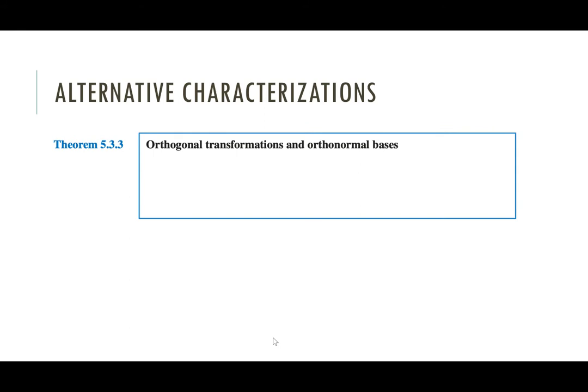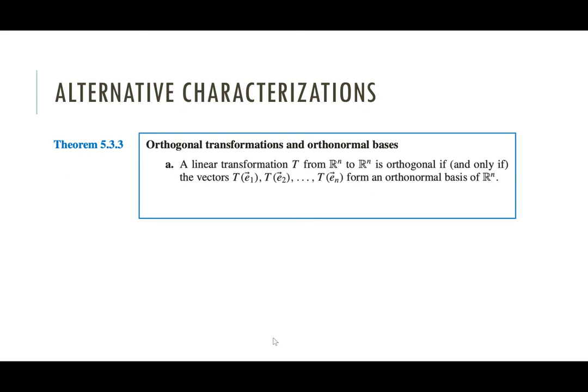Okay, so here are other ways to think about orthogonal transformations and orthogonal matrices. A linear transformation is orthogonal if and only if the transformations of e1, e2, through en, so the transformations of our standard basis vectors, form an orthonormal basis for Rn.